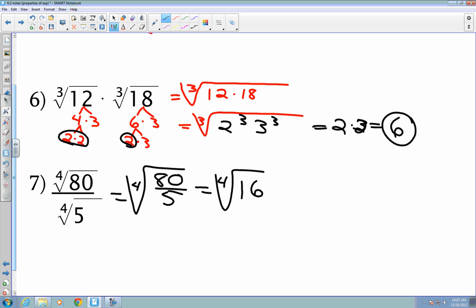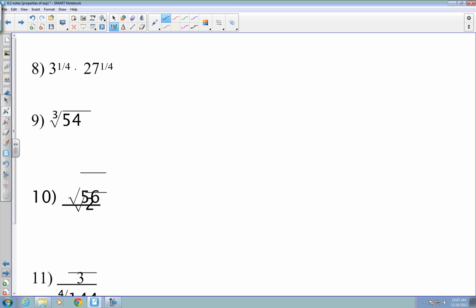What is the fourth root of 16? 2. Okay. So again, recognize any simplifying you can do right off the bat. It's going to make your life easier every time you can simplify something.